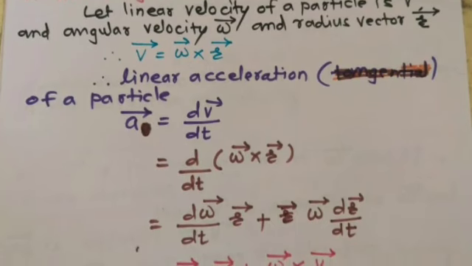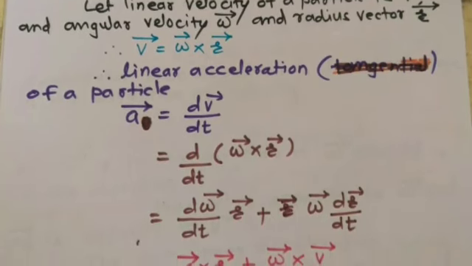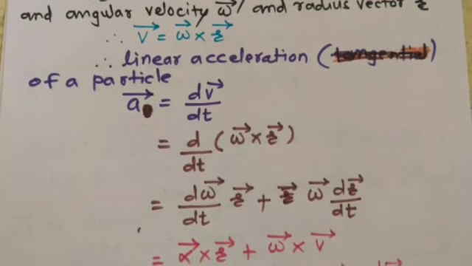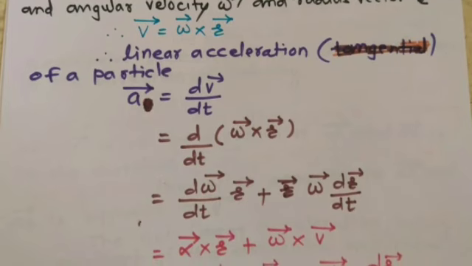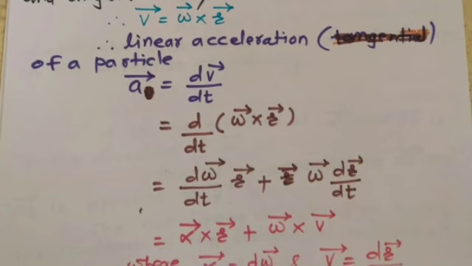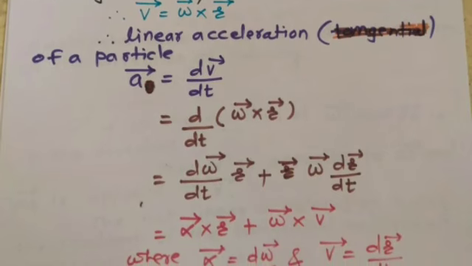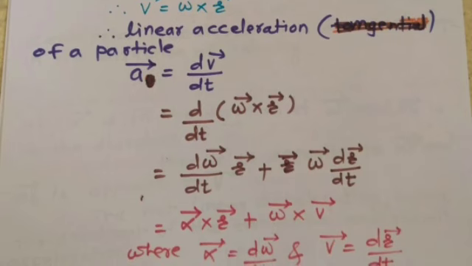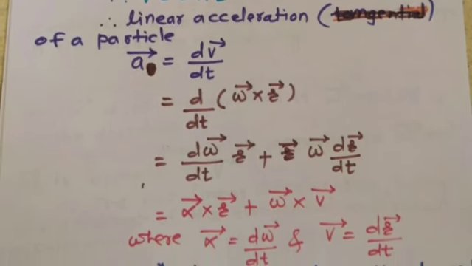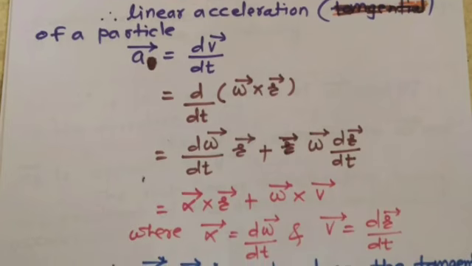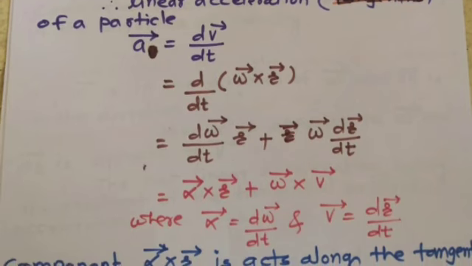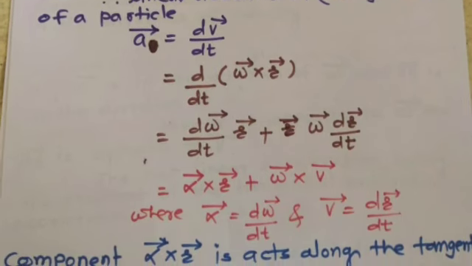Linear acceleration of the particle, vector a, equal to vector dv upon dt, which is equal to d upon dt in bracket vector omega cross vector r, which is vector r d omega upon dt plus vector omega dr upon dt, where alpha equal to vector d omega upon dt and v equal to vector dr upon dt.